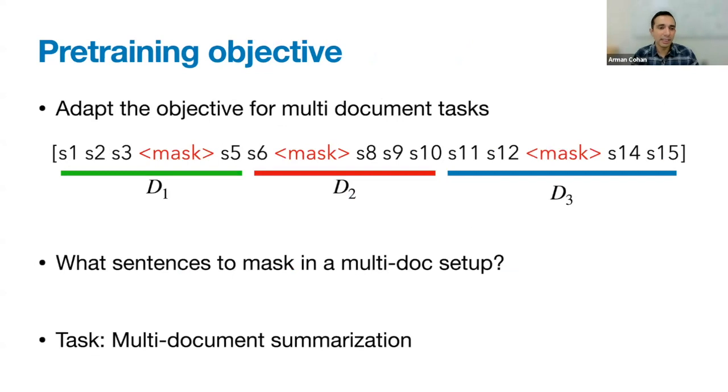We can actually adapt this objective for multi-document tasks. You can concatenate multiple documents together, and this will become a single sequence, do the masking, and then hopefully this will perform better. But the main question is what sentences we should mask. Can we just use the gap sentence prediction strategy?